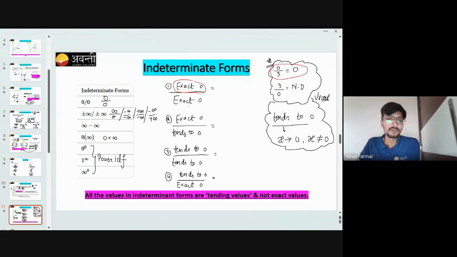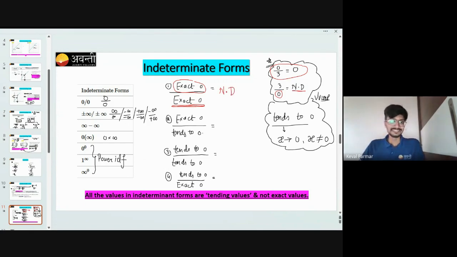I am worried about the denominator zero, because zero in the denominator makes the expression not defined.